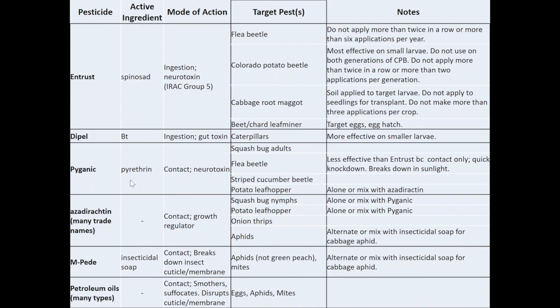I think there were some other questions, maybe. Yes, Jim Ward was asking about mixing sugar in with different products to stimulate eating. So I know sugar is sometimes recommended for fruit flies like spotted wing Drosophila. You mix sugar in the tank with the insecticide to attract the fruit flies to feed on it.